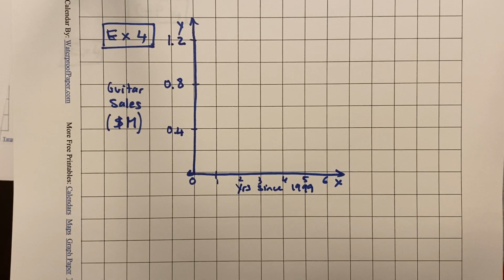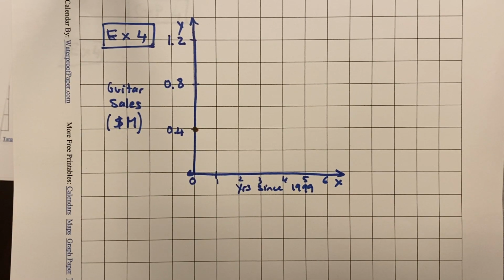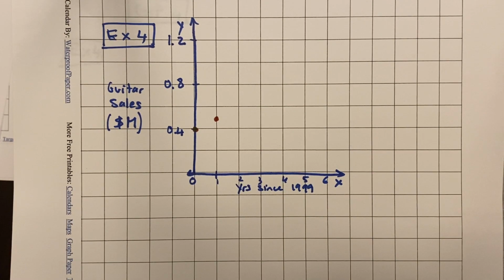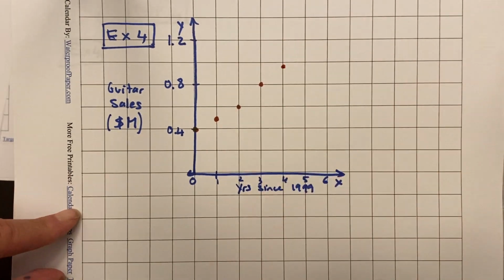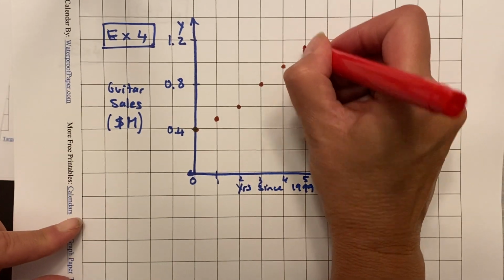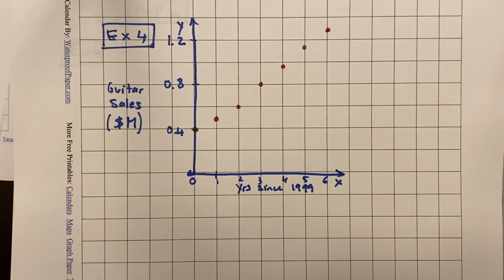And the points on the graph are that it was 400,000 in 1999, year 0. And the next point is right here. And here. And here. And here. So that's what the graph looks like.